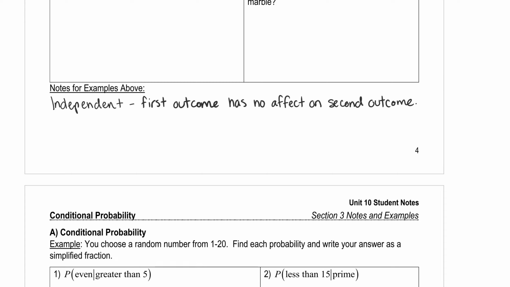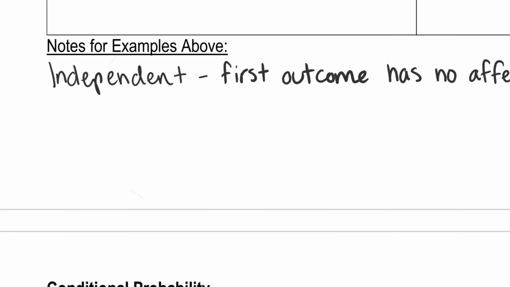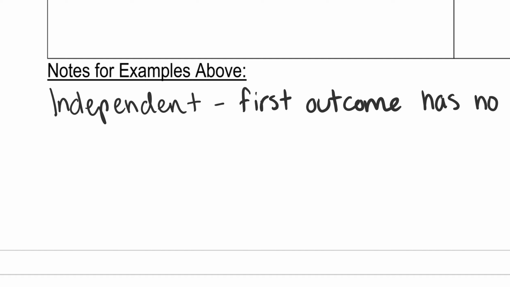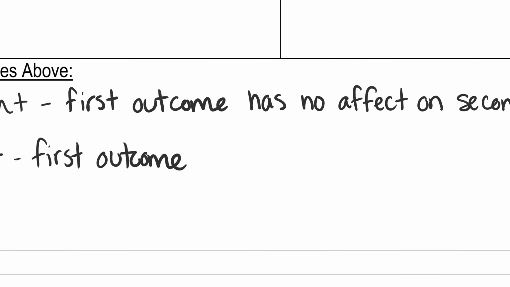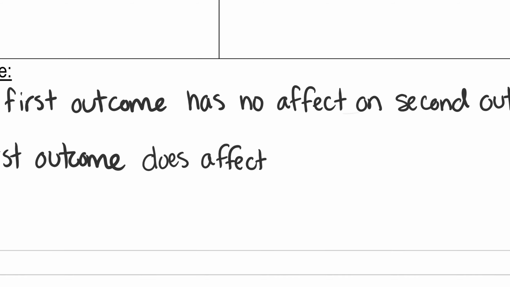If you did the first one, it would have no bearing on the second one. That's independent. The second one, of course, would be dependent, and that's where the first one does affect the second one. So we have first outcome does affect second outcome.